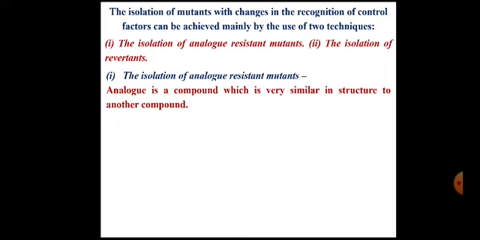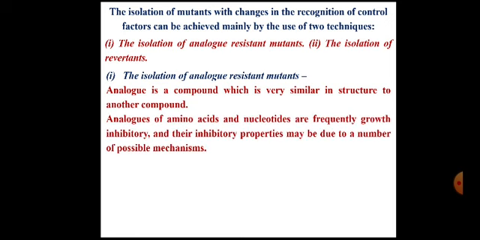Say for example, microorganisms are producing lysine. Then there is a lysine analog called AEC. This lysine analog is structurally similar to lysine, but the only thing is that these analogs are toxic for the cell.